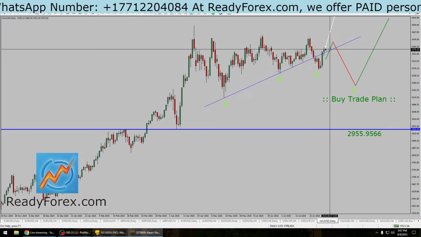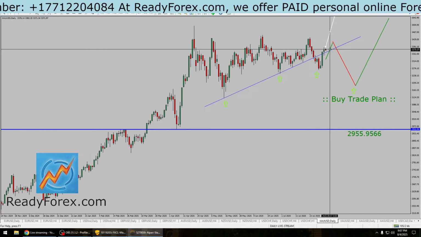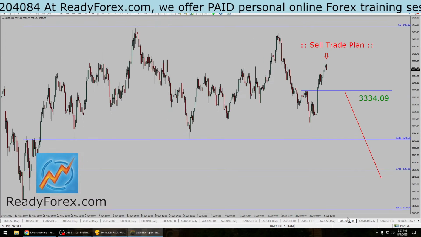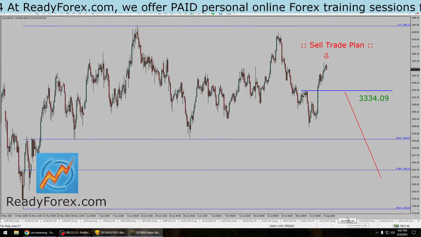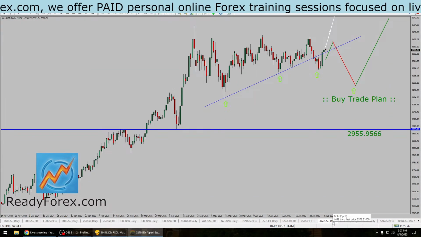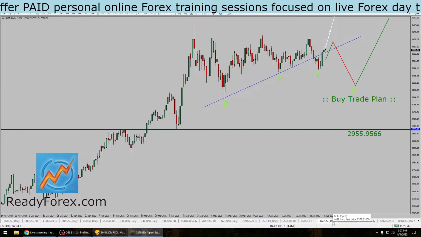If you want to take a sell trade, you need a setup. You can't just take a sell trade based on the analysis and forecast. Okay, so the 4-hour chart basically shows me a sell trade plan. The daily time frame of spot gold shows me a buy trade plan.